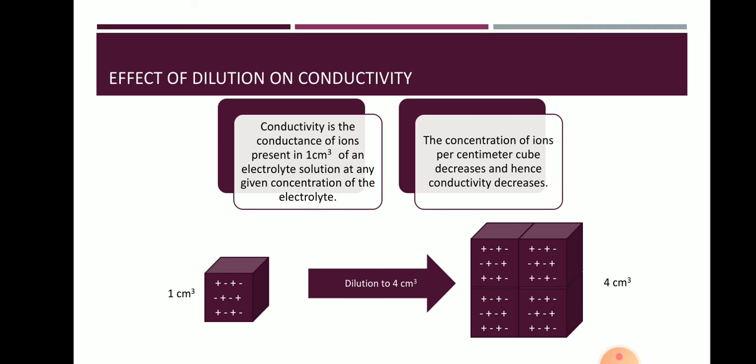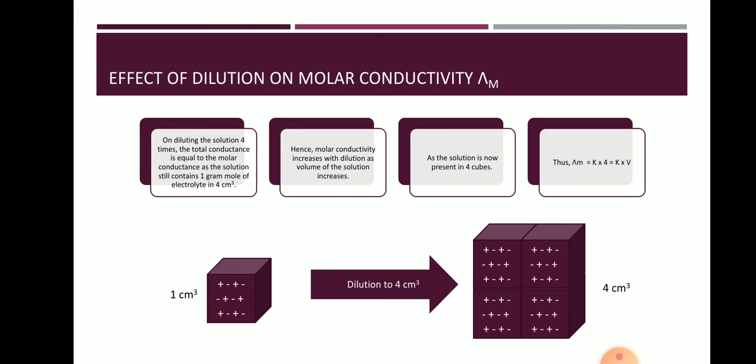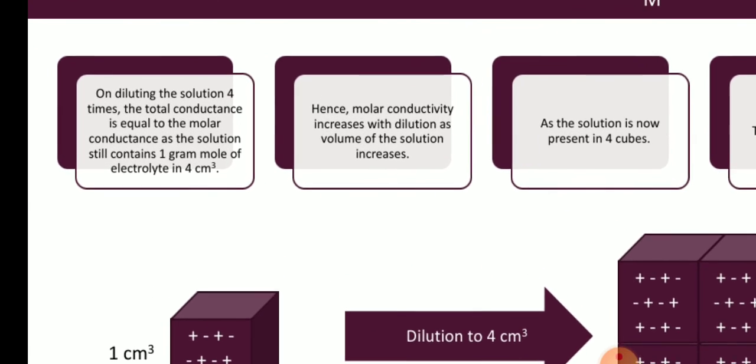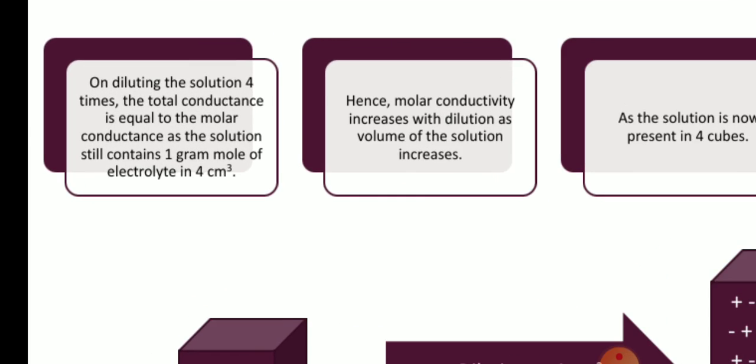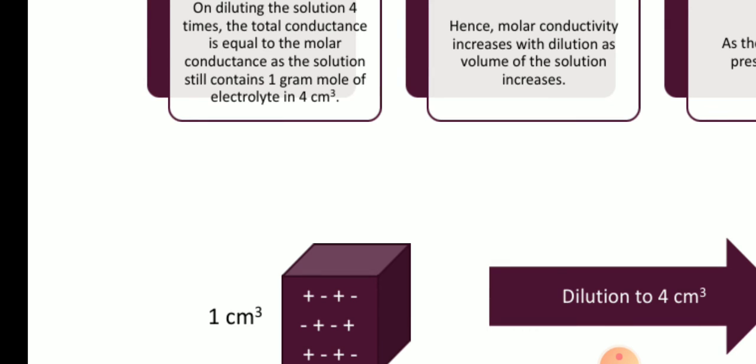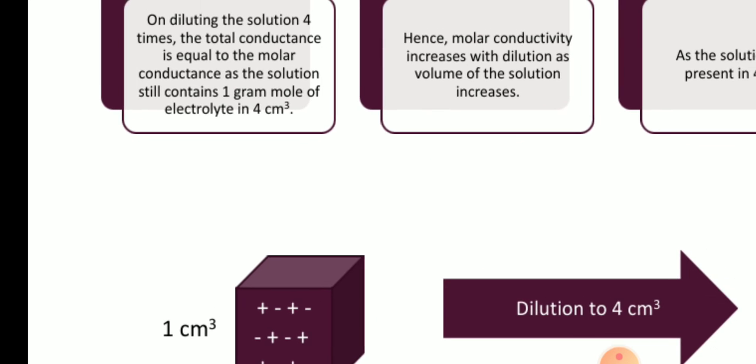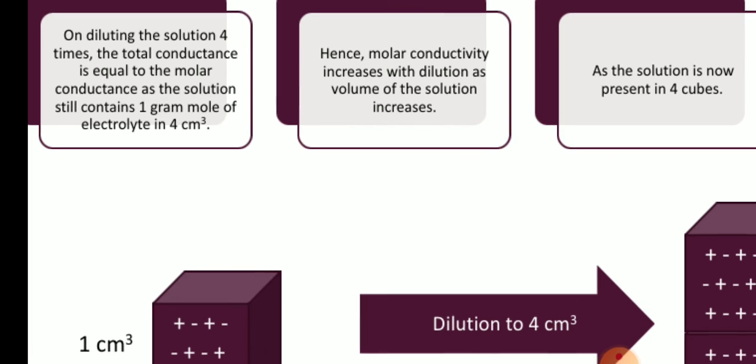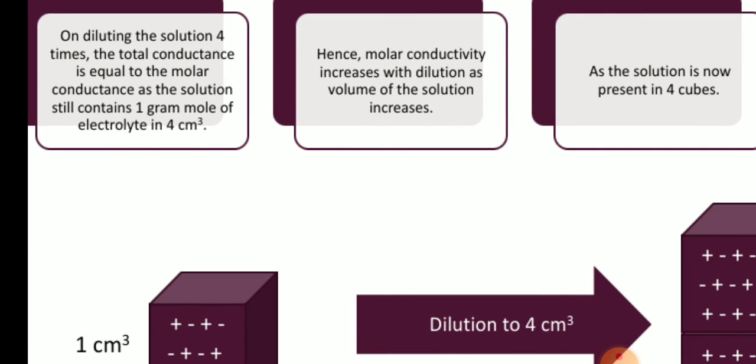Now again, we have to see it in another way. Suppose on diluting the solution 4 times, the total conductance is equal to the molar conductance, as the solution still contains 1 gram mole of electrolyte in 4 centimeter cube, and this 1 centimeter cube is diluted to 4 centimeter cube. Hence, molar conductivity increases with dilution as the volume of the solution increases.